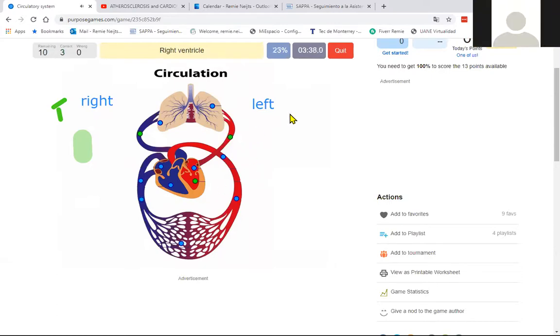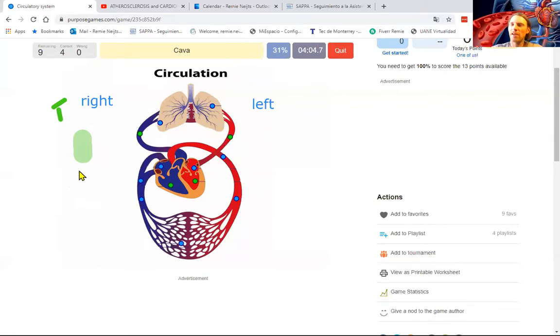Okay, well done. Adam, right ventricle. Tell me right up or down, left up or down. Right down. Okay, right down, correct. The cava. They refer to vena cava, okay? What is the vena cava? So it's a vein.